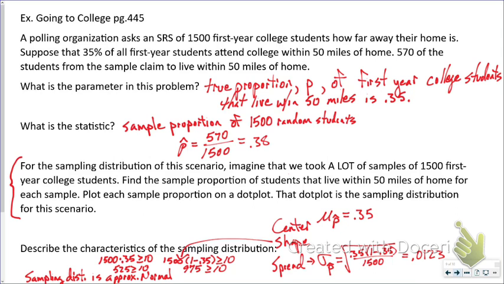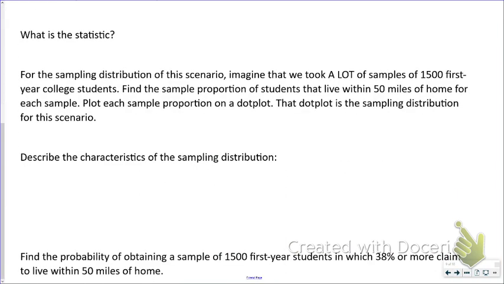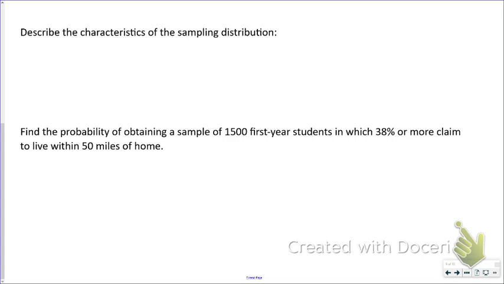All right, so I have to scroll down, I have to erase this. They ask me a simple question, looks simple: the probability of these 1,500 students being 38% or more that live within 50 miles of home. So I need to write the question. I already described the distribution above it, so I'm going to write that.